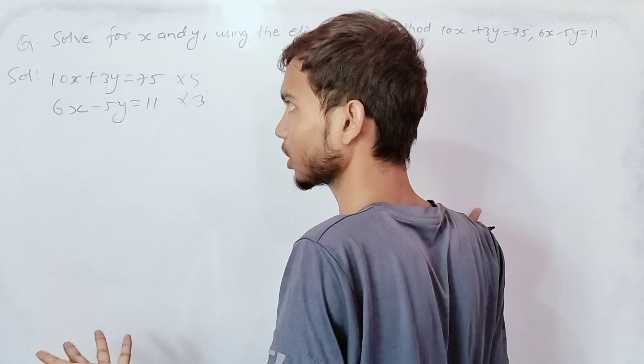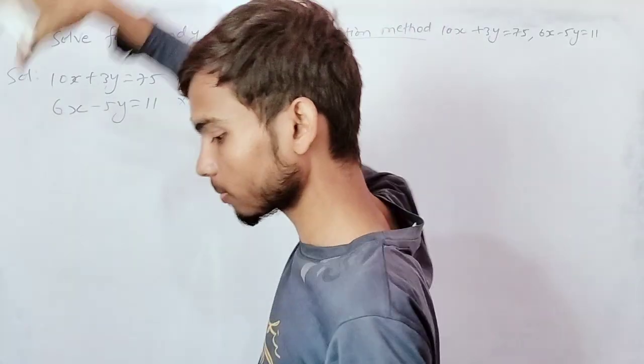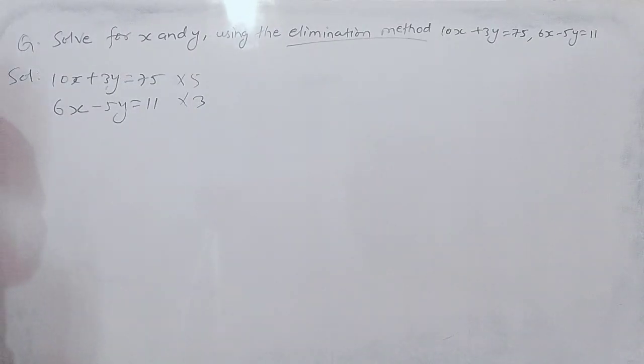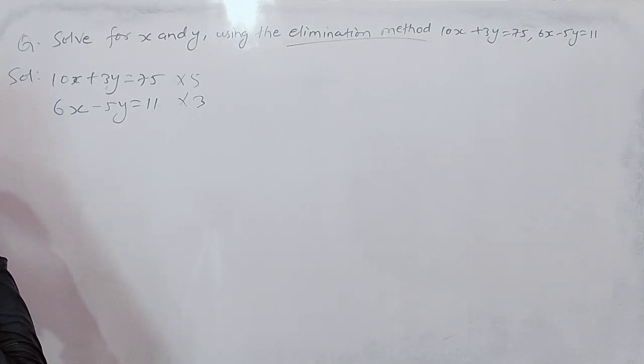You can take other numbers, but one variable in both should be equal. By doing that, what can we get?